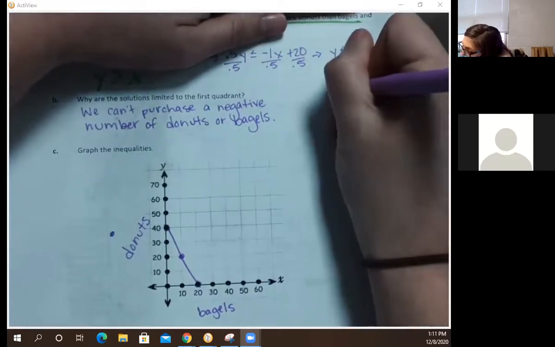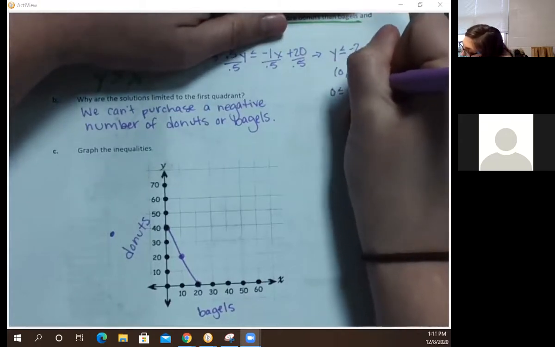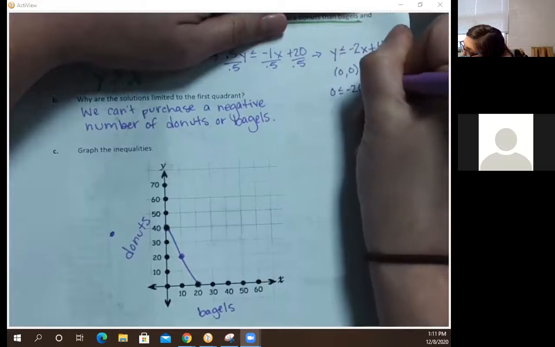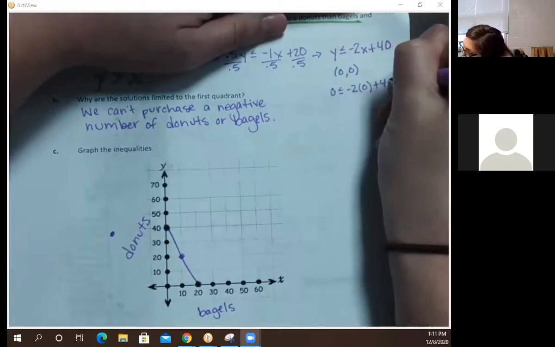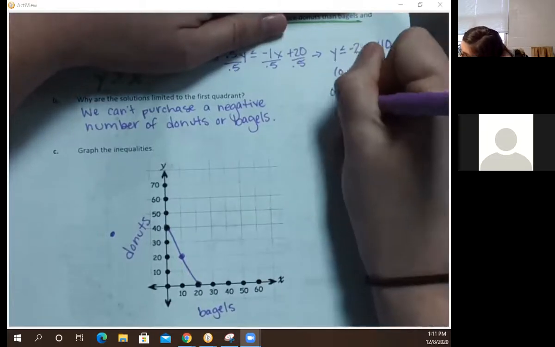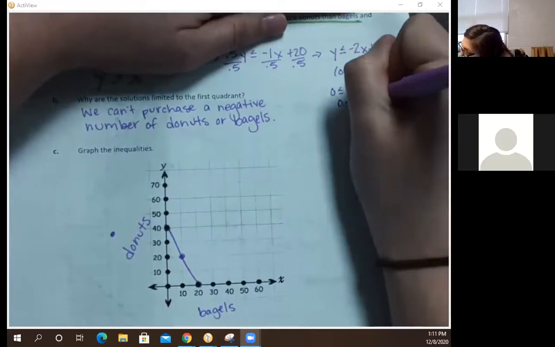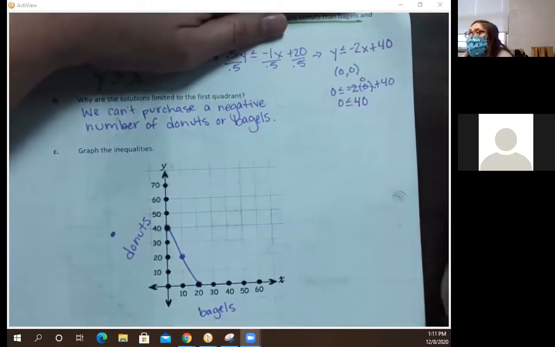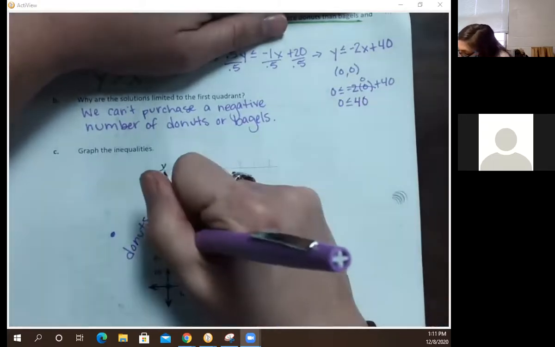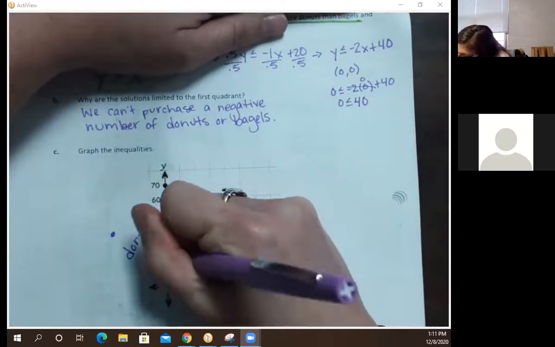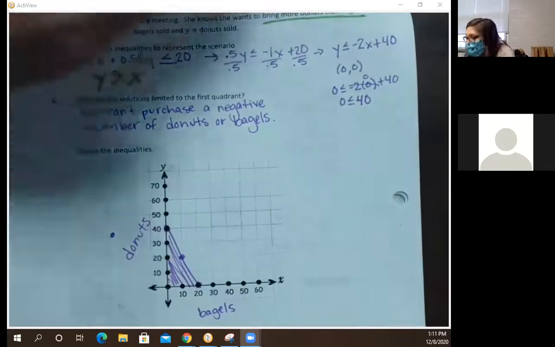So that would be 0 is less than or equal to negative 2 times 0 plus 40. So 0 is less than or equal to, that's just 0, 40. 0 less than or equal to 40? Yep. So we're going to shade this little triangle of space down here.